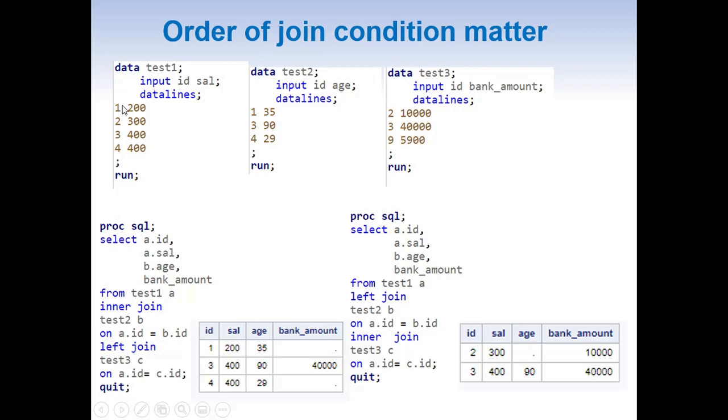Here 1, 2, 3, 4 are IDs in my data set, but here I have 1, 3, 4. When I join on the basis of ID, I'm going to match 1, 3, 4 with 1, 3, 4. That's part of my result. So my result will have IDs 1, 3, 4 and respective sal values as 200, 400 and 400, and also ages 35, 90, 29.